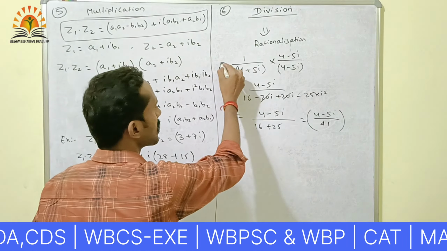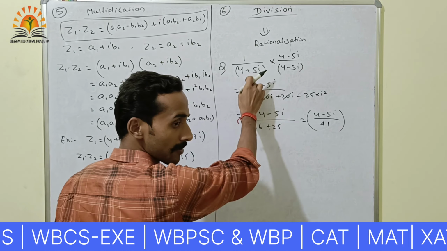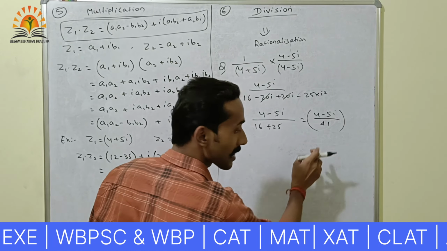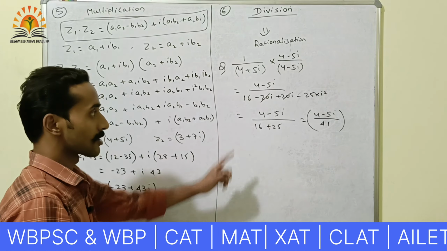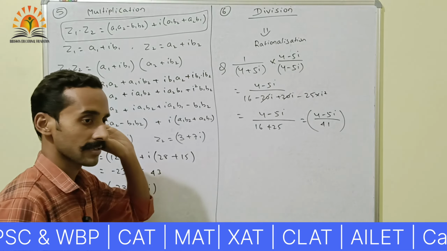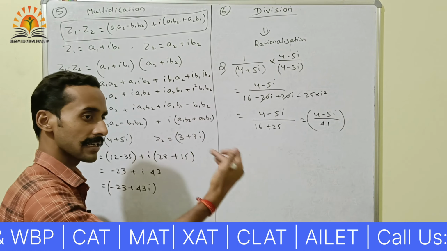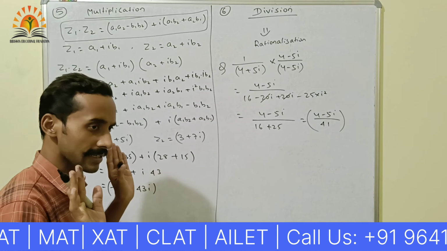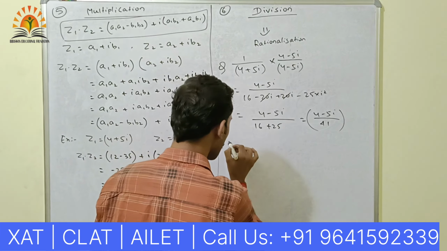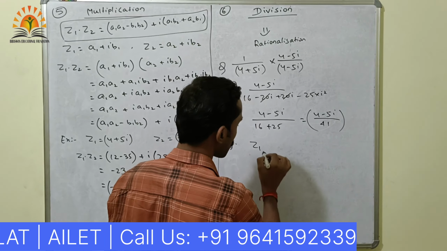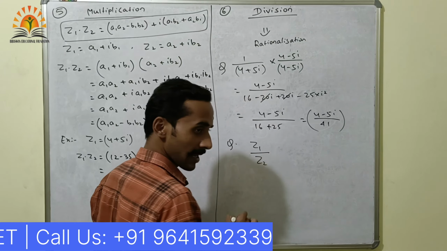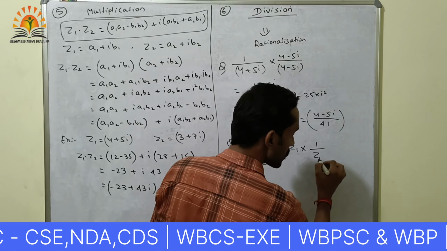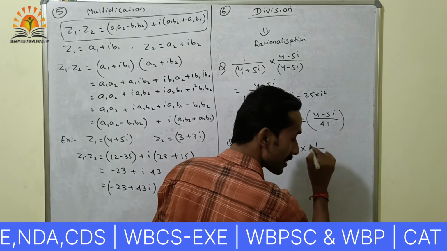Now look very carefully. In this question, the denominator is which number? A complex number. Now the denominator has become a rational number. So it is known as rationalization. Understood? If we understand rationalization, then we easily understand division. Otherwise, we cannot understand division. Why? Because if I write Z1 divided by Z2, it is nothing but Z1 multiply 1 by Z2.